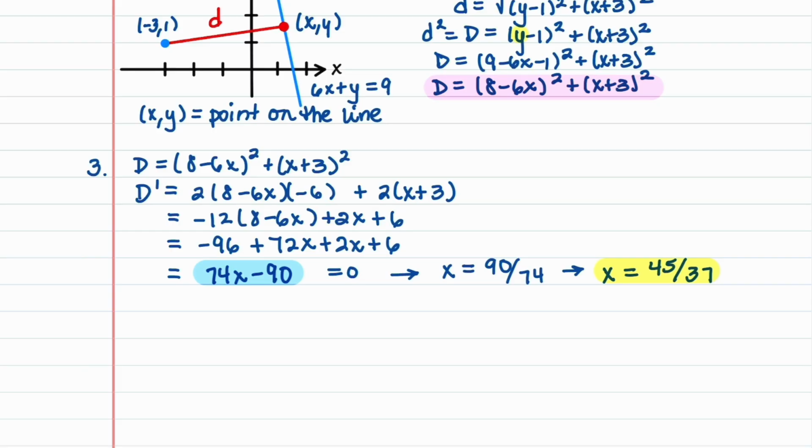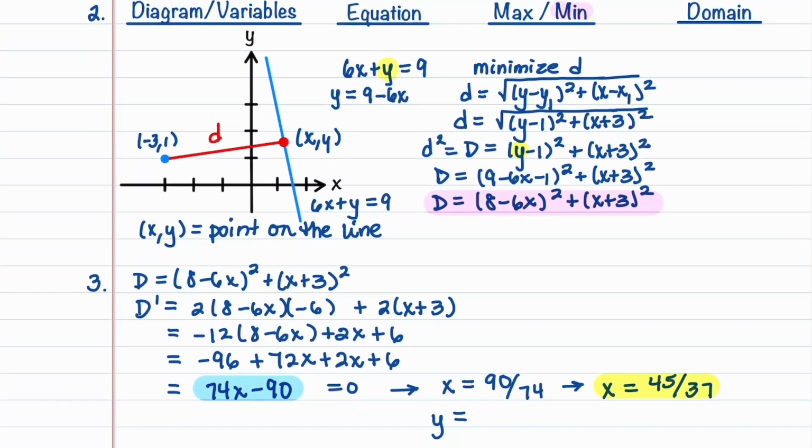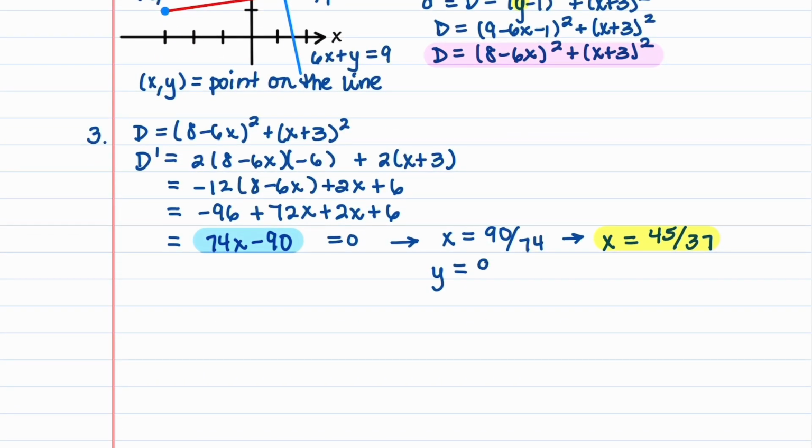Now let's go ahead and find y, because we eventually want to find the point on the line. So we're going to need y. Let's see, we need to look back up here. y is 9 minus 6x. So this is 9 minus 6 times 45 over 37. Oh, this is complicated. Let's see here.